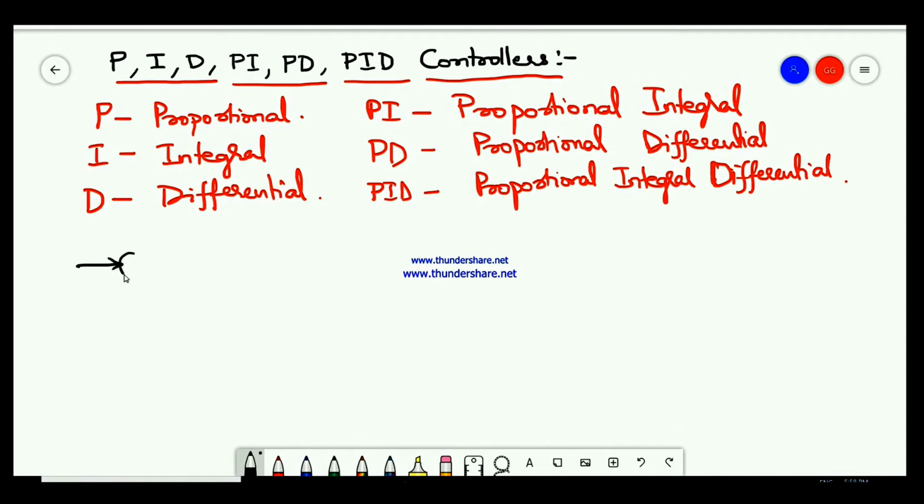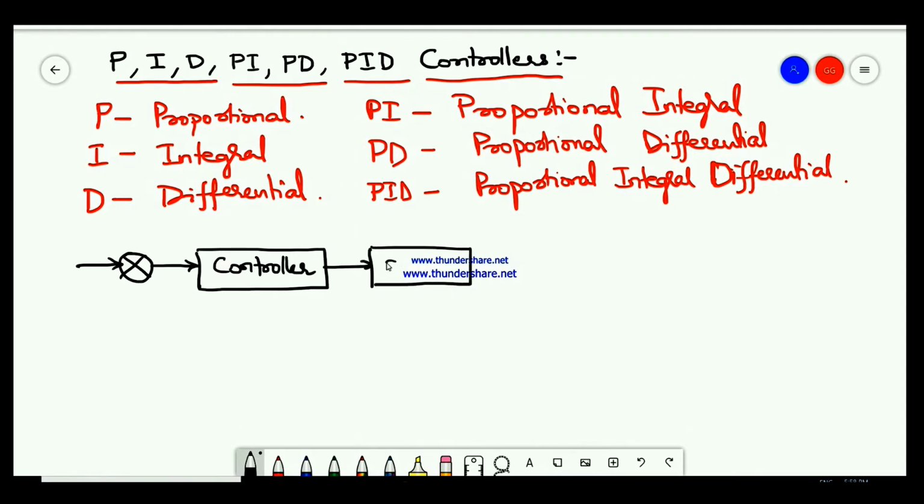Now let us go with the block diagram of a second order system, where you will have a controller, a system, and the output is C of S. Then you take a feedback, which will normally be a unity feedback system, so H of S equals 1.